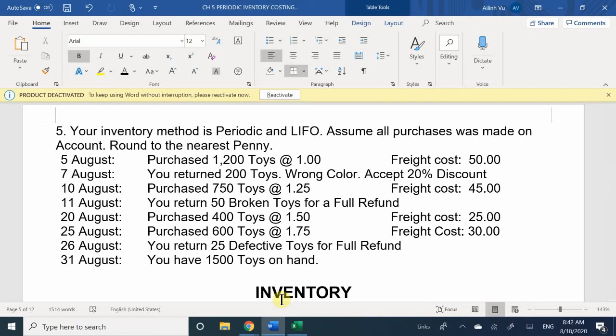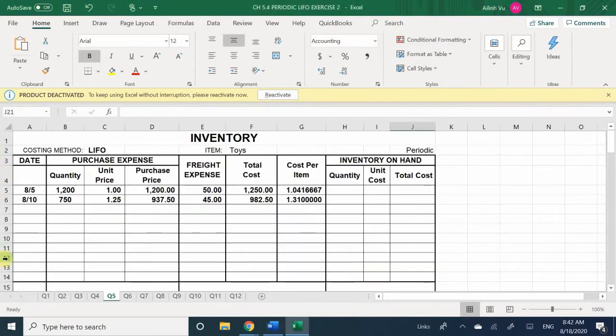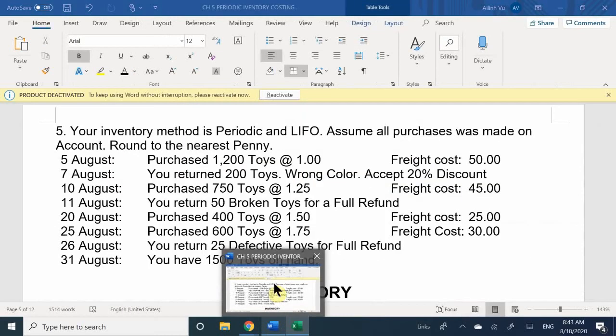You purchased 400 toys at $1.50. This is August 20th. Was it 400, 300? I thought it said 400.